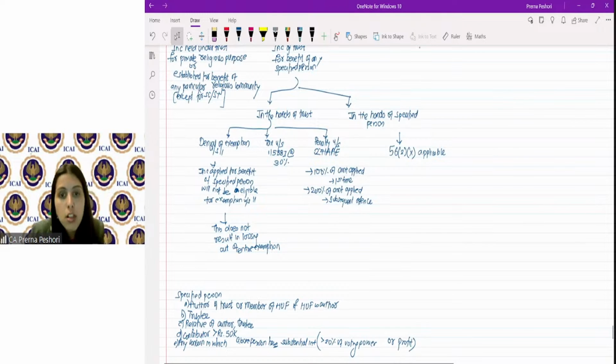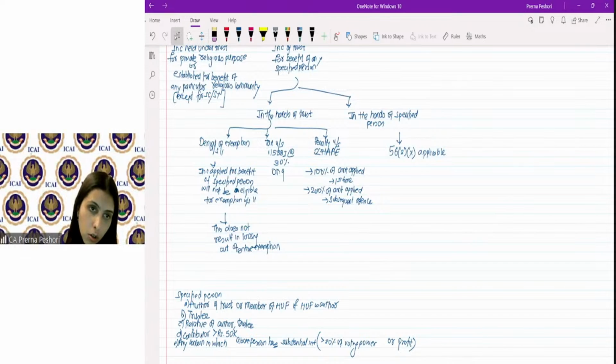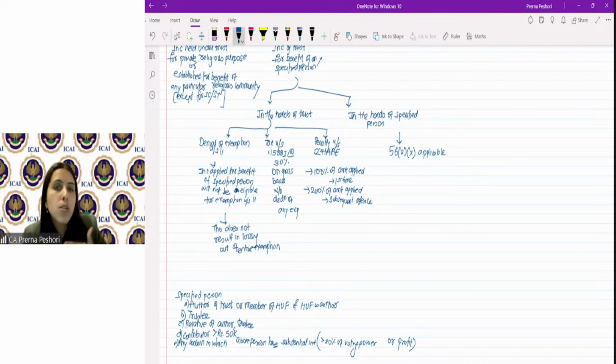Only that portion will not be eligible for section 11 exemption, the income which is applied for the benefit of the specified person. Only that part of the income will not be eligible for exemption. Secondly, your income will be taxed at 30% on a gross basis without deduction of any expense. And then you will also have penalty under 271AAE. Yes or no, students? Is this clear?